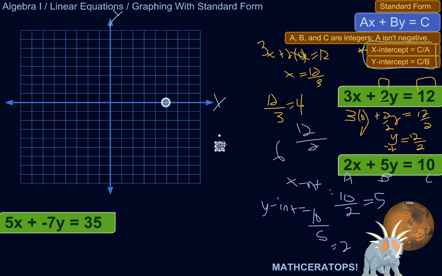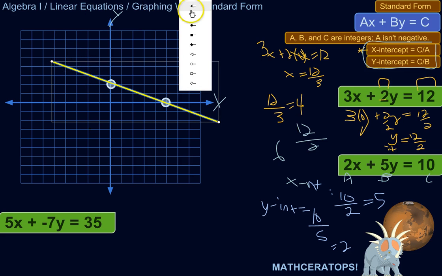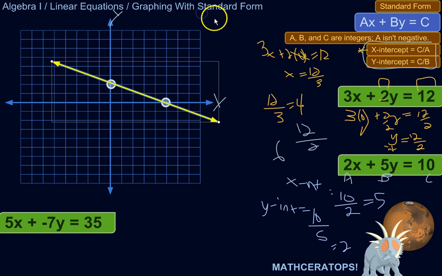So the y-intercept is 1, 2. Now I connect my 2 points. There we go, something more or less like that. Put arrows on the end to indicate that this is not a line segment, it's a line.